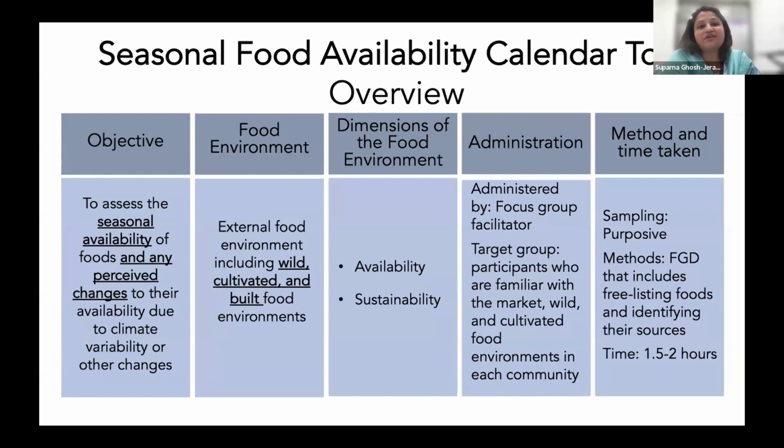It talks about dimensions like availability and sustainability, and it is administered through a focus group discussion by a facilitator who could be an enumerator or a food systems researcher. And the target population are again people who are familiar with their market, wild, and cultivated food environment in the community. The method is FGD, and it takes a lot of time if you have a diverse food environment being accessed by the community. Next slide.